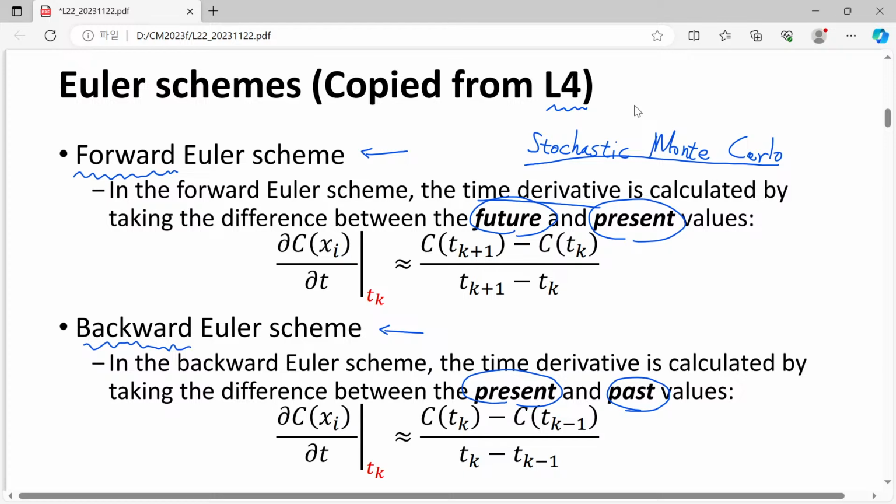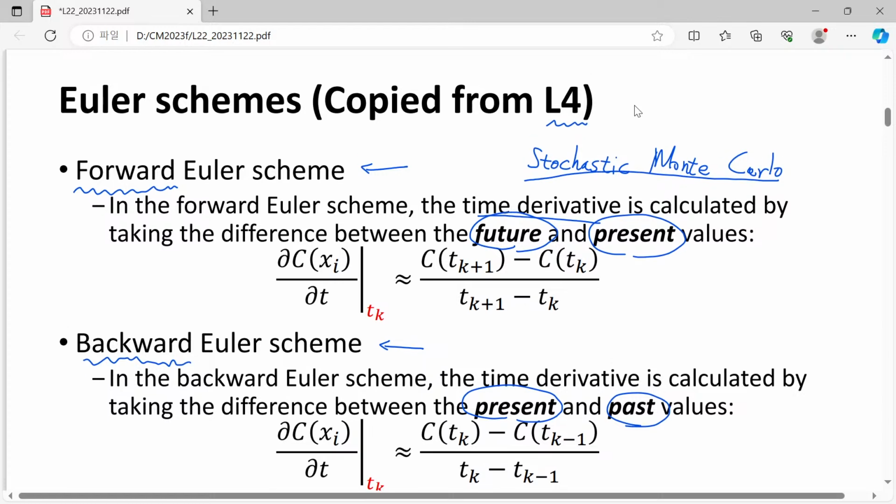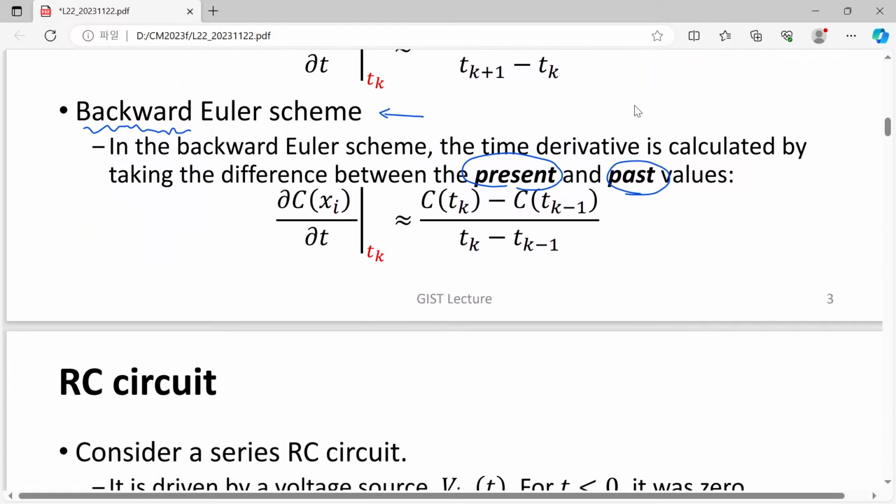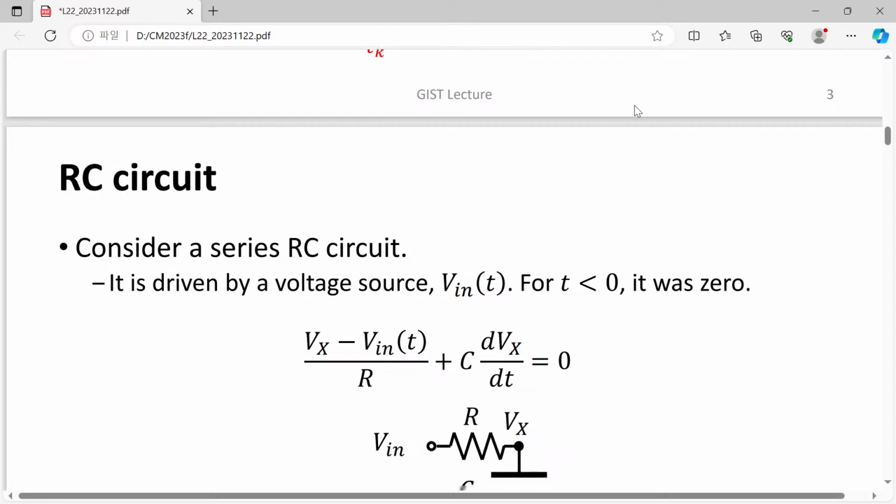This is completely different, and quite special. Today we will talk about the backward Euler scheme.